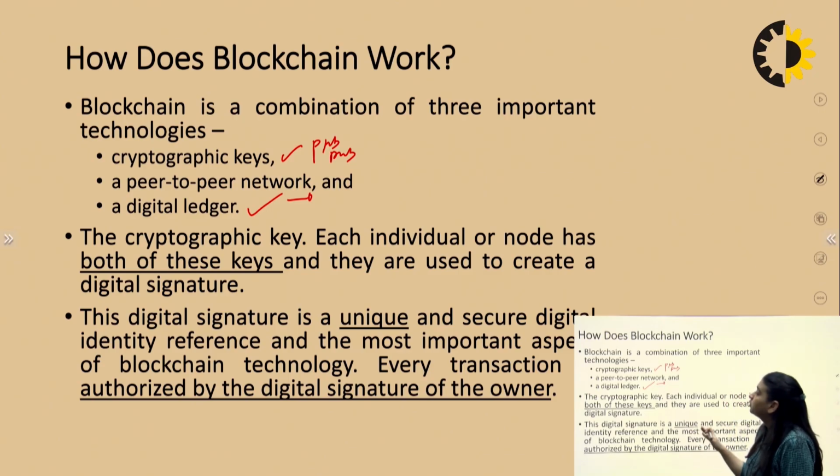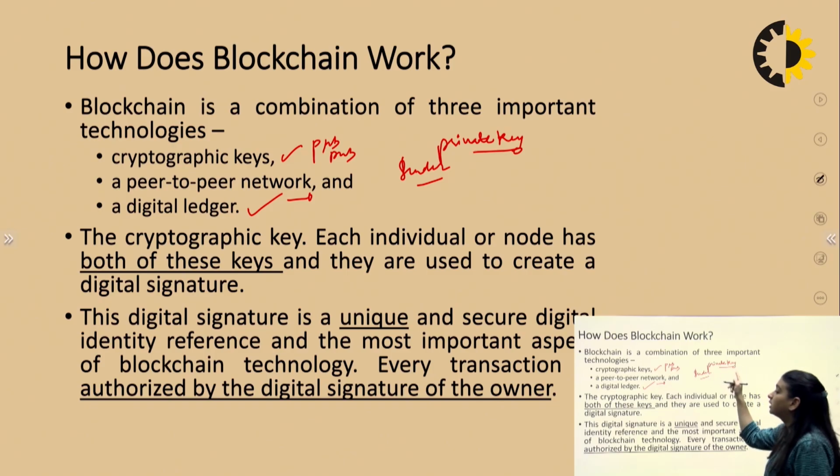So for cryptographic keys, each individual node has both of these keys, a private key and a public key, and they are used to create digital signatures. Very specifically, the sender uses the private key to encrypt the data, and the receiver can decrypt the same message using the public key of the sender.